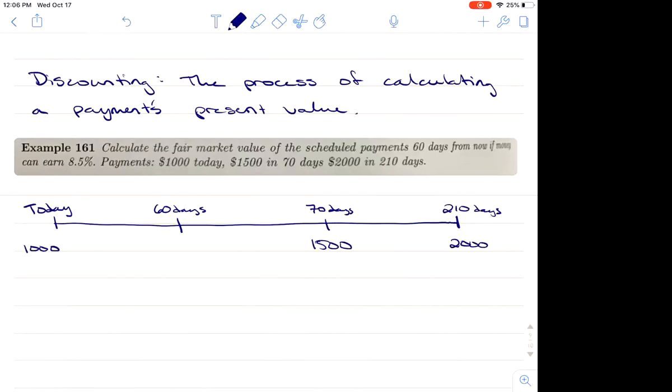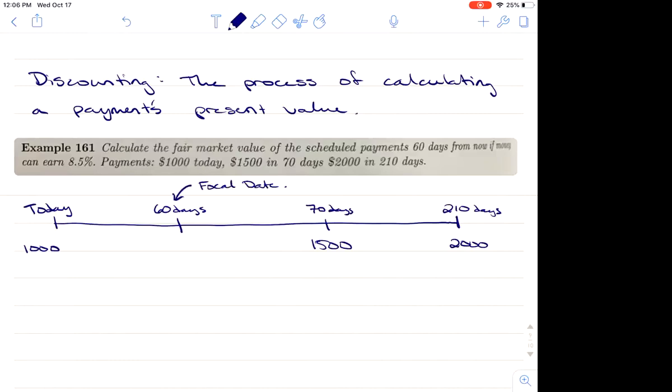Right? The only thing that we haven't seen before, right, is we want to find the fair market value at 60 days. There's no payment at 60 days, but there's nothing that says that we can't just draw all of these payments to 60 days, right? Making 60 days our focal date.